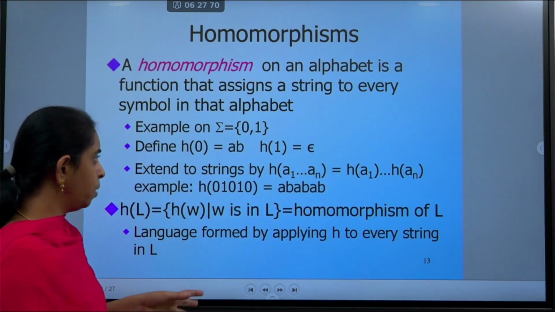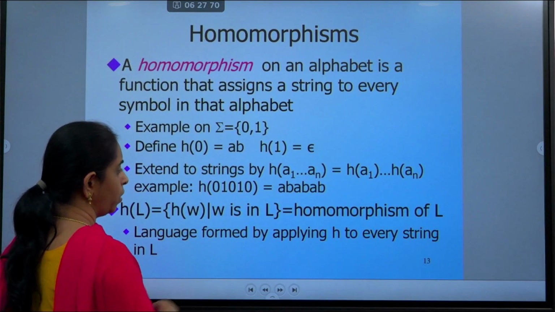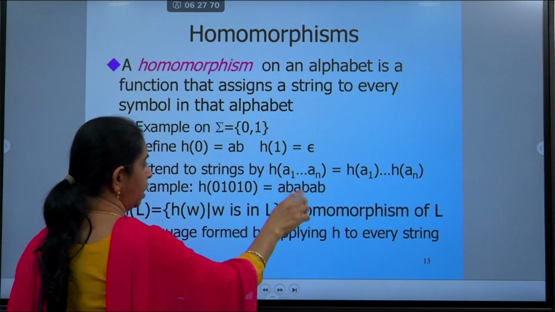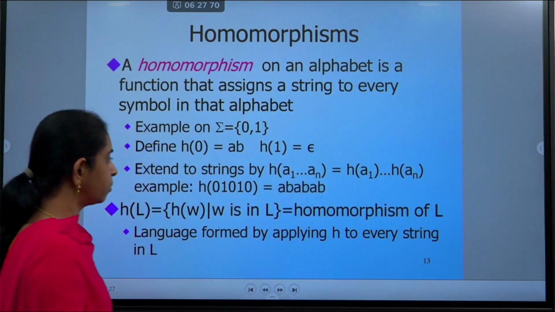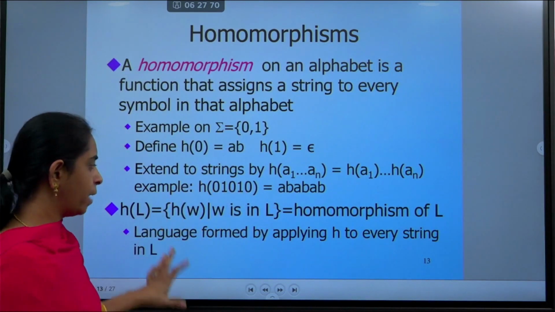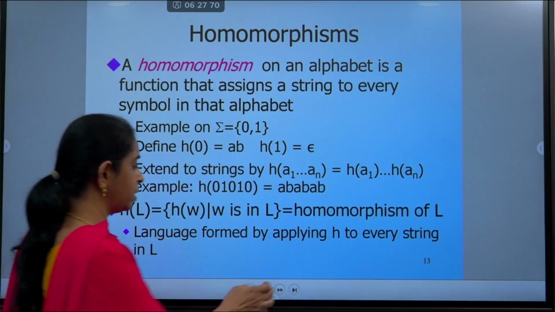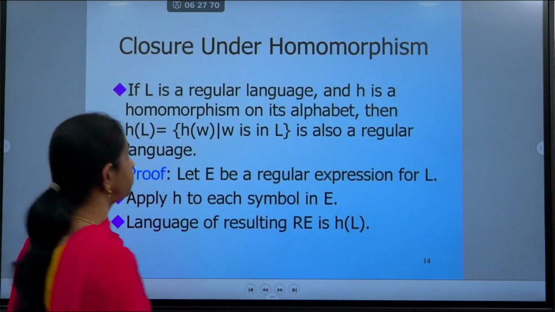For example, for the string 0 1 0 1 0 we take 0 as A B, 1 as epsilon, and so on. The homomorphism of a language is formed by applying it to every string in the language.